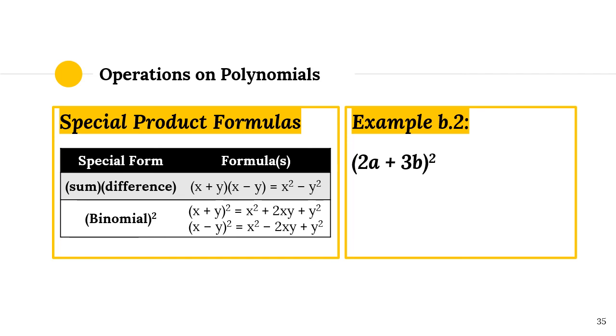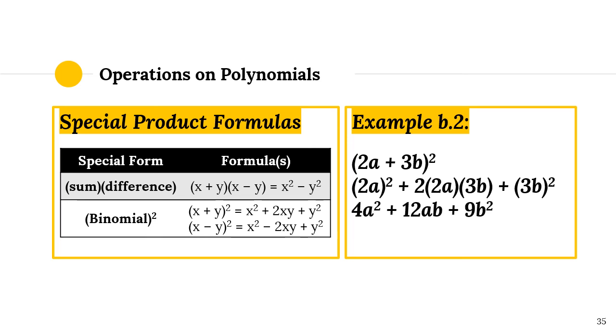So the first term of the answer is the square of the first term of the binomial, the quantity 2a squared. The last term is the quantity 3b squared. The middle term is 2 times 2a times 3b, following the formula. Simplifying, we get 4a squared plus 2 times 2 is 4 times 3 is 12, ab plus 9b squared.